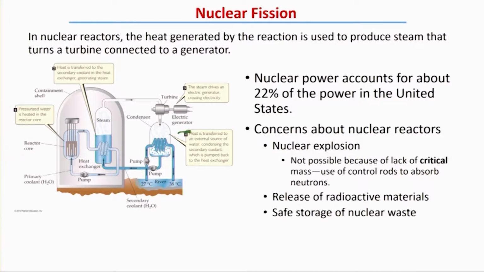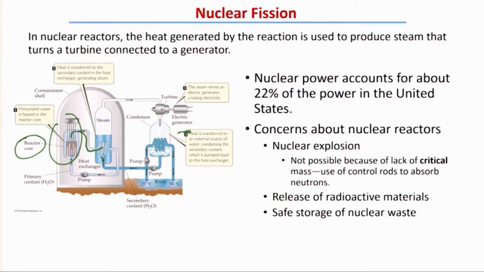Here you want to note the core. This is where your radioactive isotopes are. It's a closed system that releases a lot of heat. That then heats this other system, causing steam, and that goes on to turn the turbine.